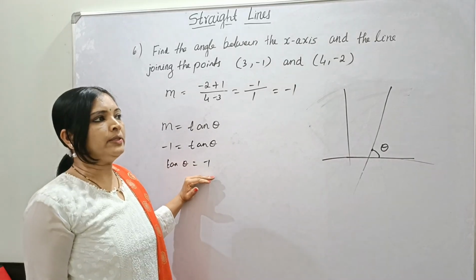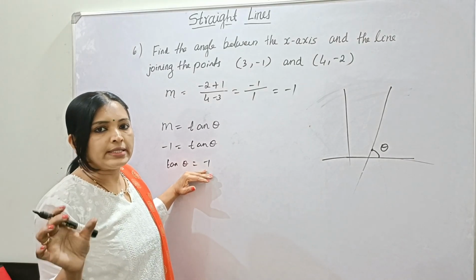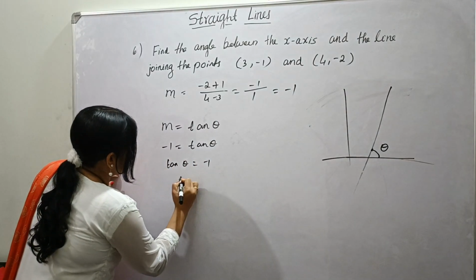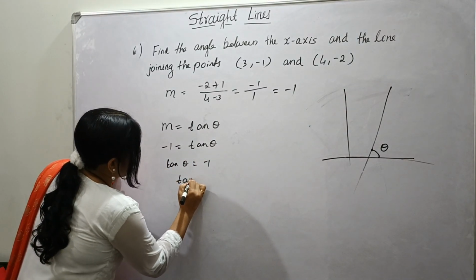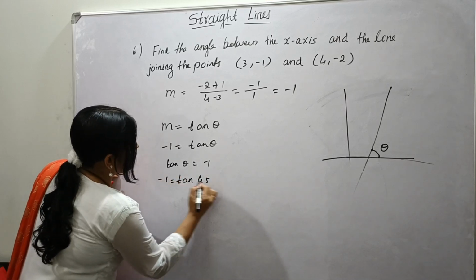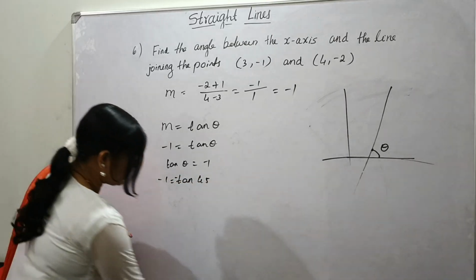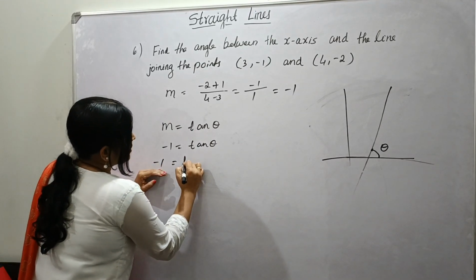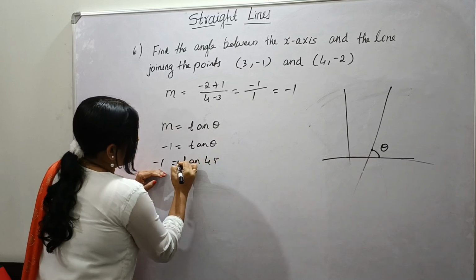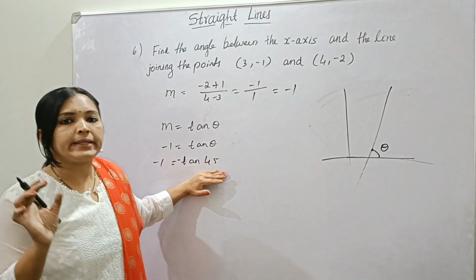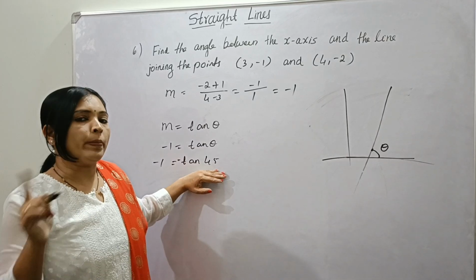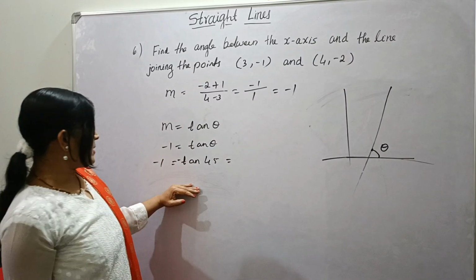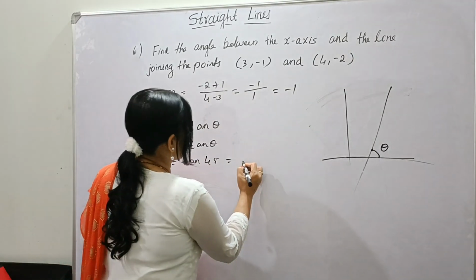We know that tan 45 is 1, right? Therefore, minus 1 is equal to minus tan 45, because tan 45 is 1.